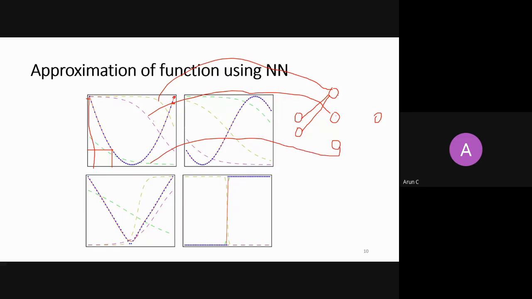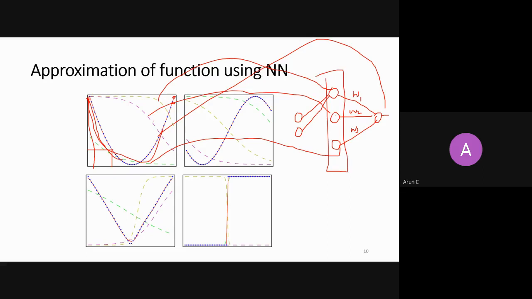Then you take a pointwise linear combination of all these 3 functions, because you're multiplying each function with some constant w1, w2, w3, right? It will give me the final function, which is this curve. So what I'm trying to tell you is that the hidden layer extracts some features and uses these features to construct higher level functions.